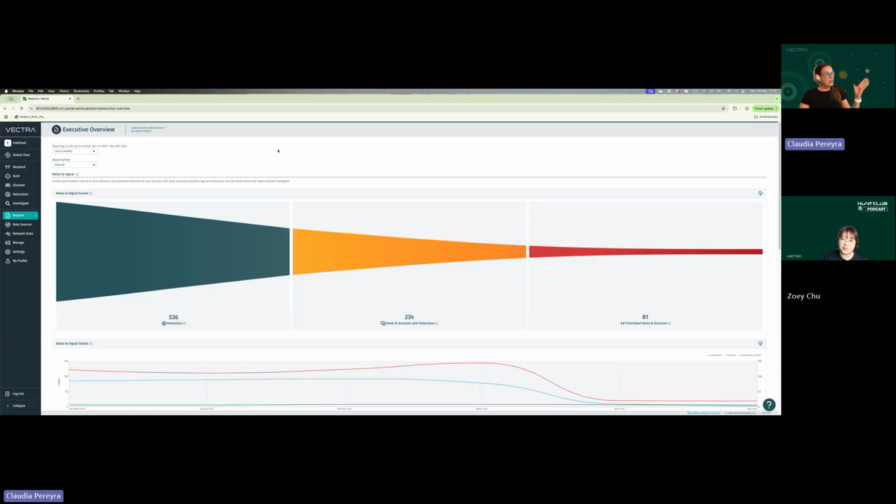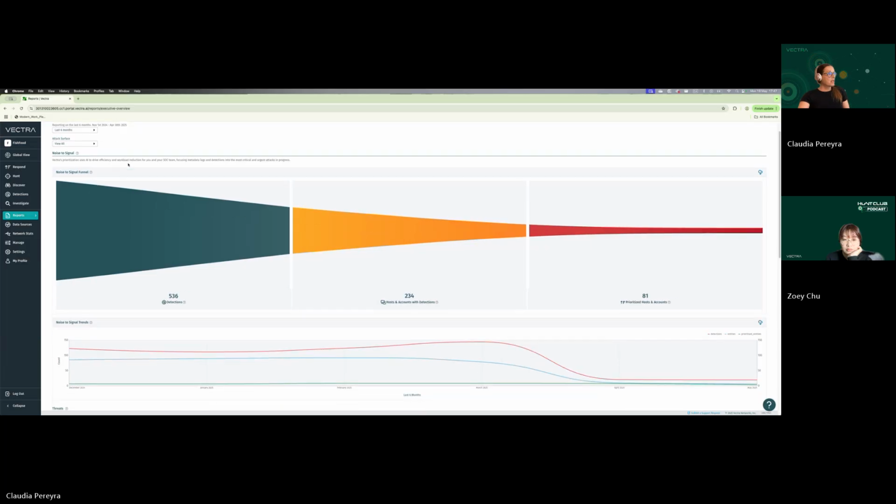So in the top section, we have a drop down to select the time period. And then the second one is to select the attack surface. We were going to leave all of them, but you could select there. The first visualization then is the noise to signal funnel.